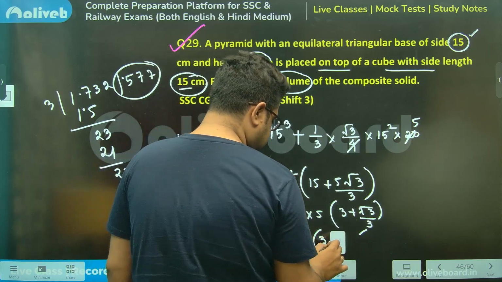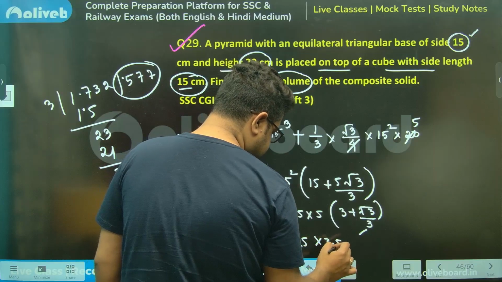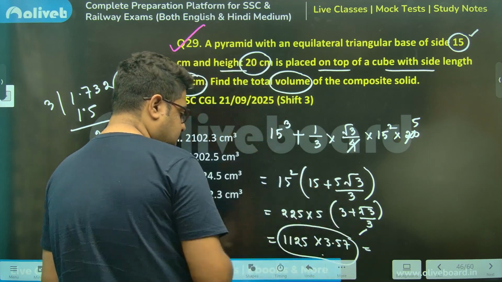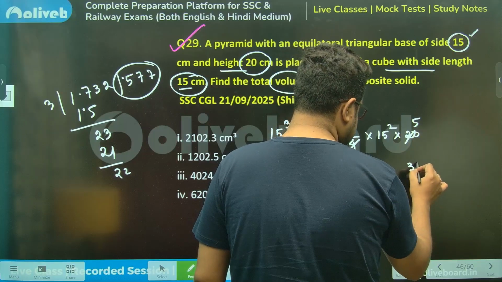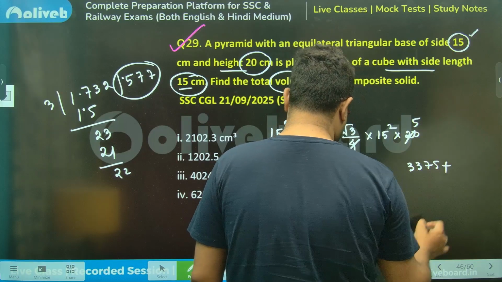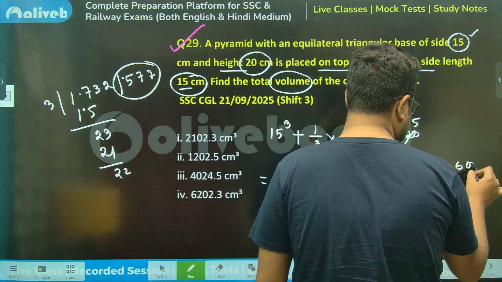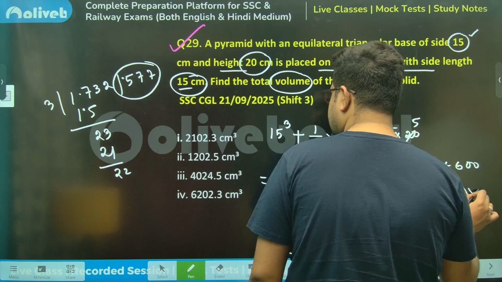So 3.57. I'm taking 3.57. That is 3375 plus 3.5, meaning half of this, almost 600. 3,975. Around 4,000, some answer.